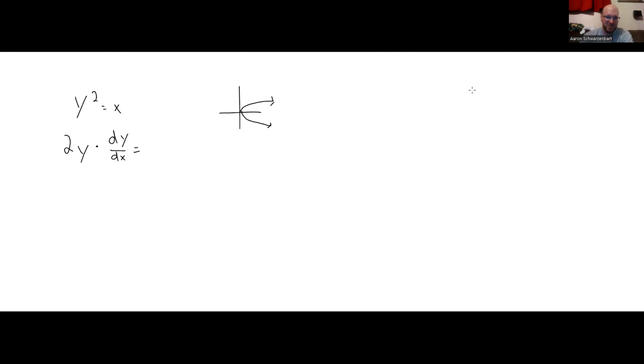The other side is going to have a derivative of x of 1, and I wouldn't normally write this, but that would be dx/dx, which, nice and handy, cancels into just a 1. So now, if I want the derivative, I need to solve it for dy/dx. So I'll divide both sides by 2y and get dy/dx equals 1 over 2y.